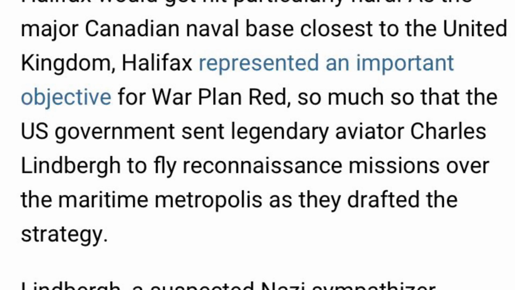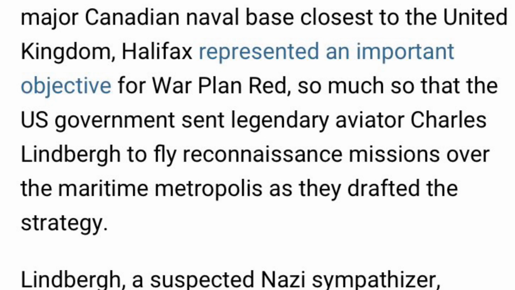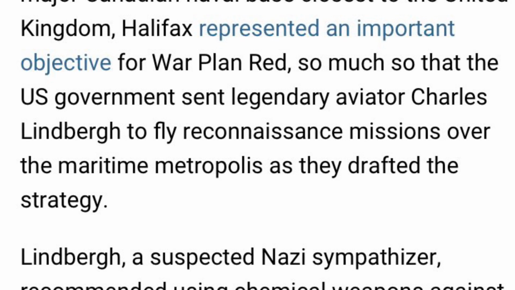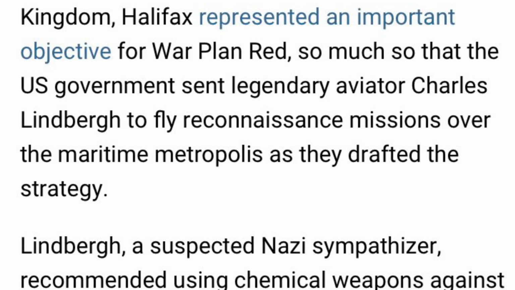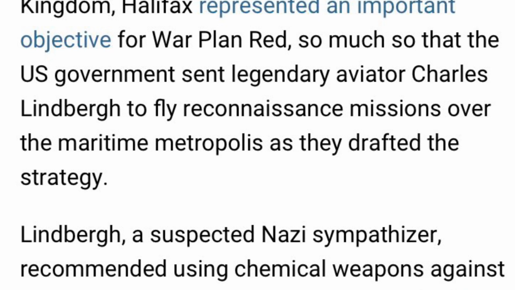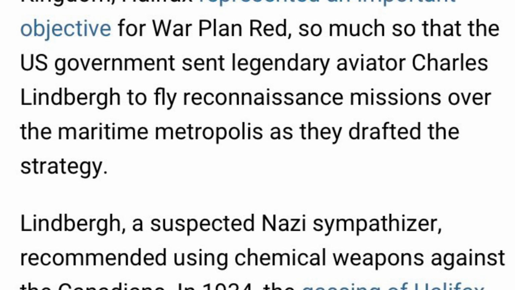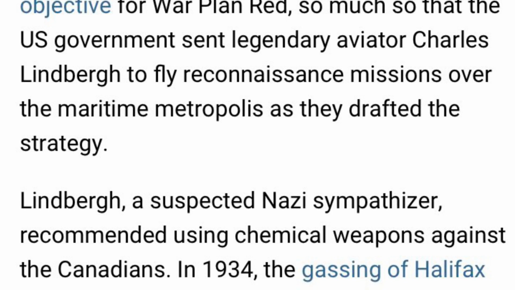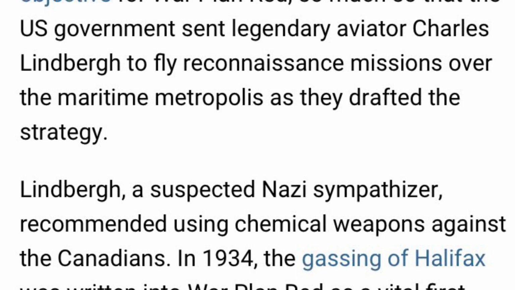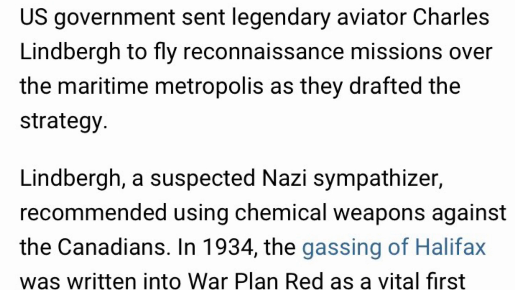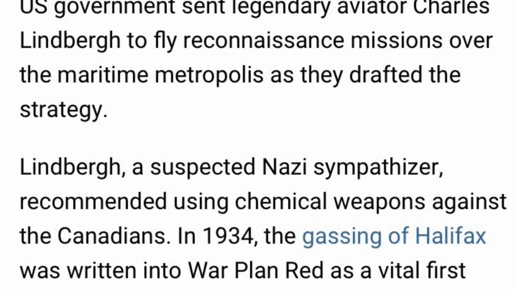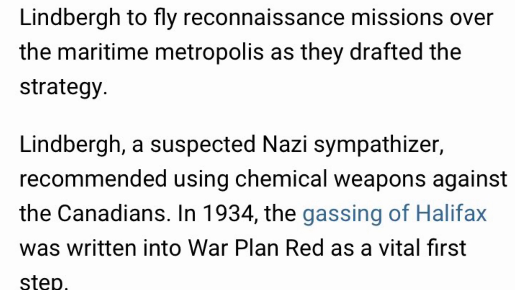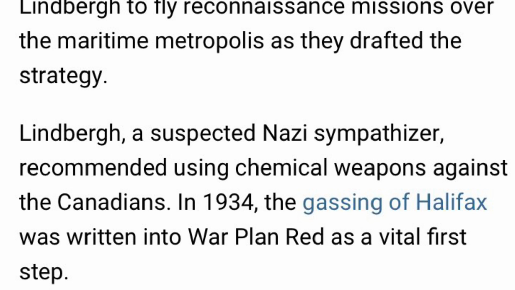As the major Canadian naval base closest to the United Kingdom, Halifax represented an important objective for War Plan Red, so much so that the United States government sent legendary aviator Charles Lindbergh to fly reconnaissance missions over the maritime metropolis as they drafted the strategy. Lindbergh, a suspected Nazi sympathizer, recommended using chemical weapons against the Canadians. In 1934, the gassing of Halifax was written into War Plan Red as a vital first step.